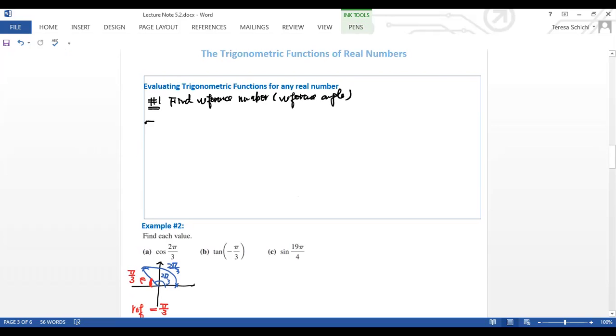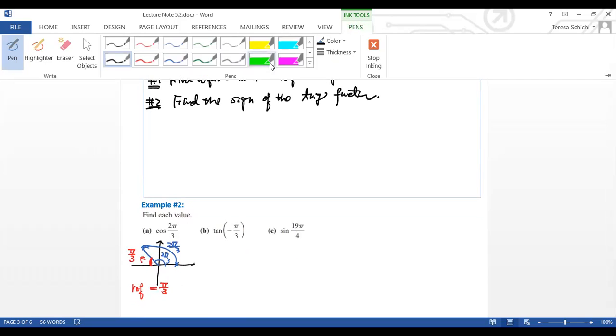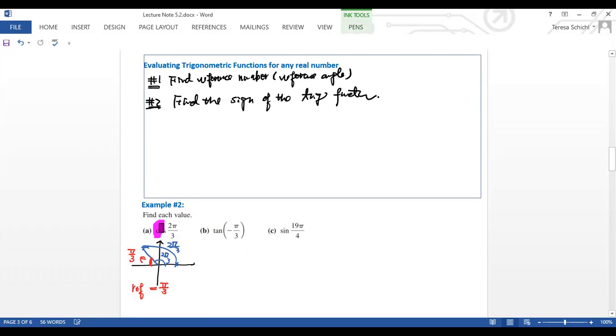Then step number 2: find the sign. In this problem, this is a cosine.